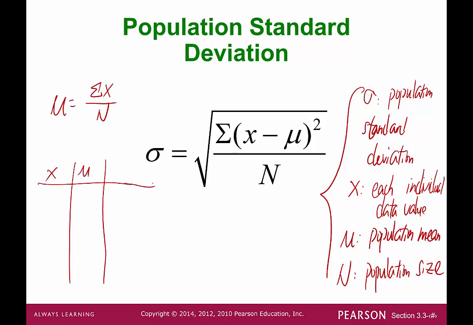Now you find the difference first, x minus mu, and after that, square it. So you can create a table, calculate all these different elements like what we did earlier for the sample standard deviation, then plug into the formula to get a result. Okay, so the table is very useful.